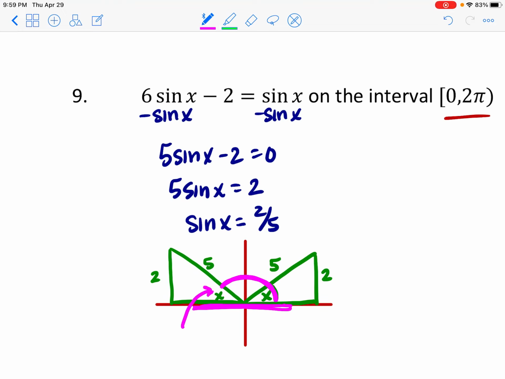So this is actually pi radians minus x. So one of our angles is x. The other angle is 180 degrees minus x, or pi radians minus x. So there are two triangles where this can happen. There are two angles where the sine of our angle could equal a positive 2/5.